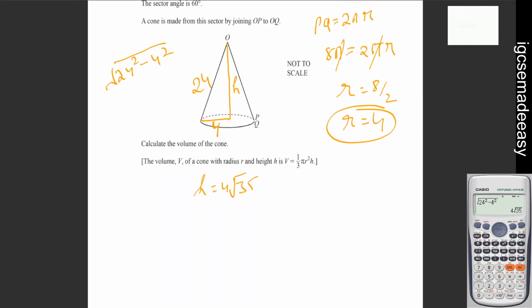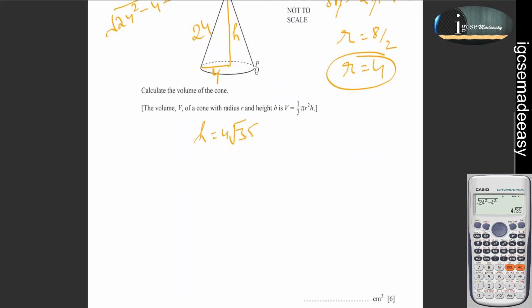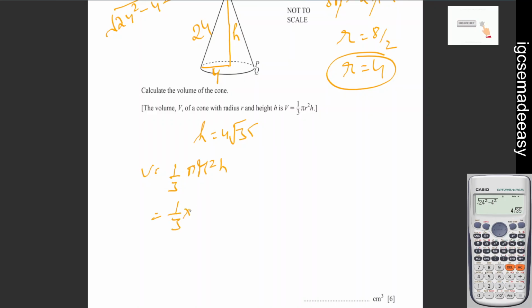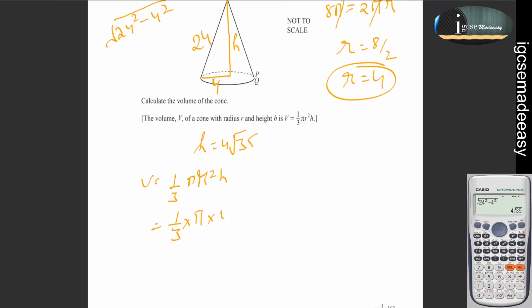We can keep the answer like that, and then use the value of h in the volume formula, 1 by 3 pi r square h. So 1 by 3 pi into r, the radius, that is 4 square, into h, which is 4 root 35.